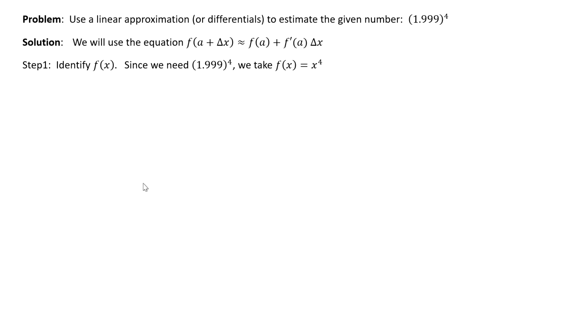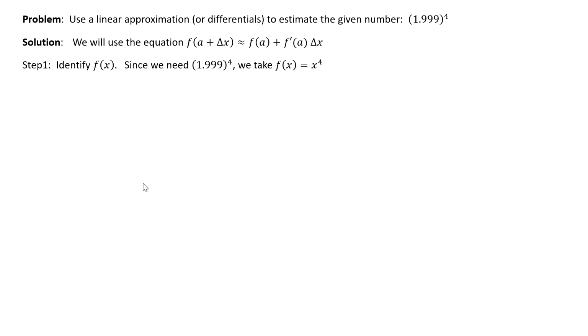Oh, okay. So f of x would be square root of x in that case. What if they were asking us for, say, sine of 46 degrees? In that case, sine of x would be our f of x. Get the idea? So f of x in our case is x to the 4. Nobody tells you that. You have to figure out from the problem statement.